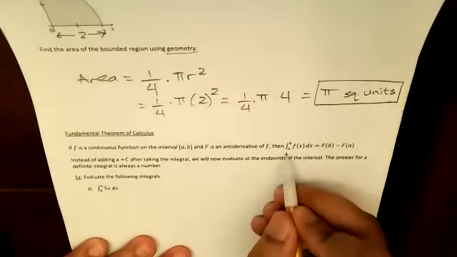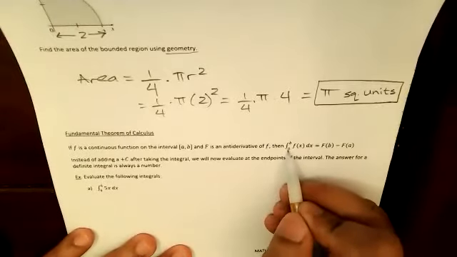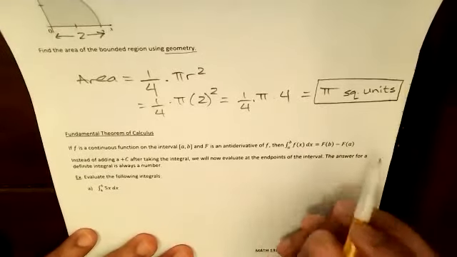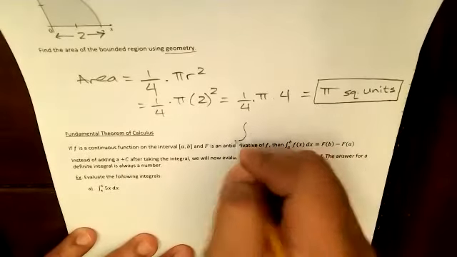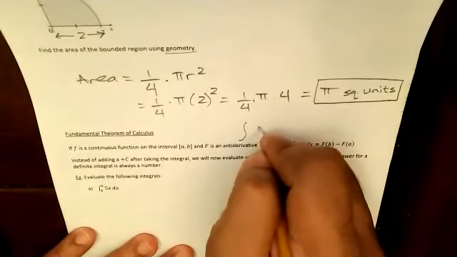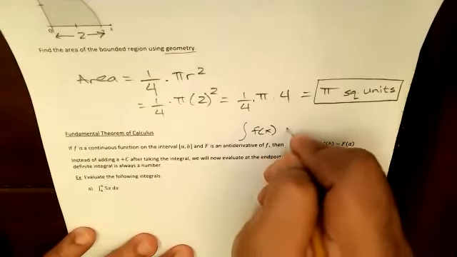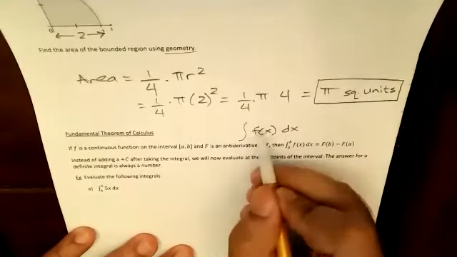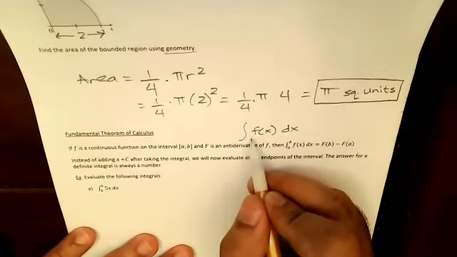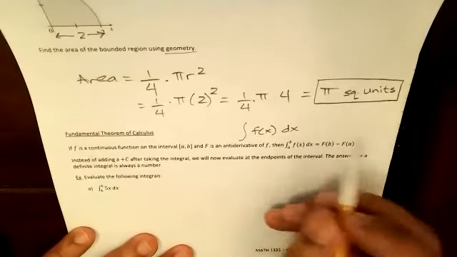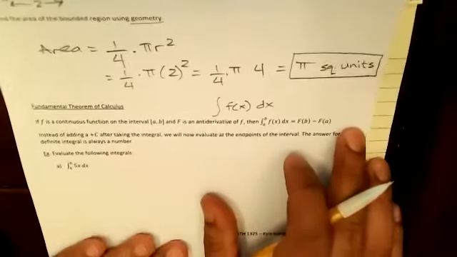We have discussed already how to write down an integral or how to write down an antiderivative. So remember, this is the integral sign, and then we would have our function f of x and then dx. Okay, this is the notation that we've seen up to this point when it comes to finding the integral or finding the antiderivative.